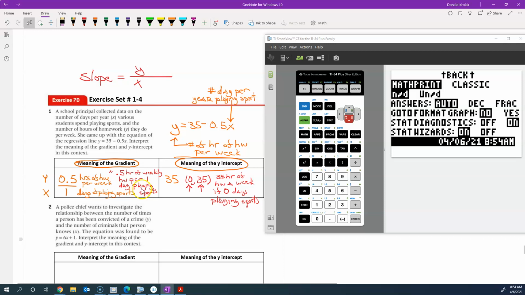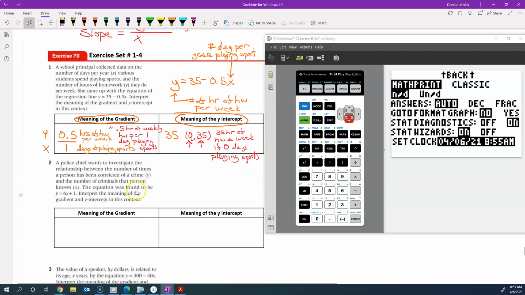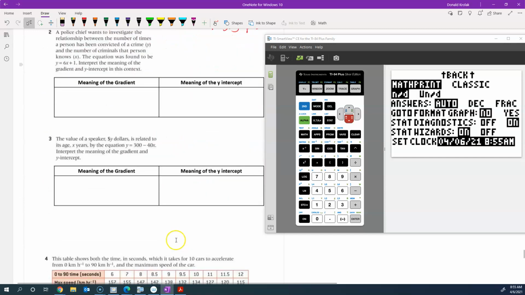And then when you're doing the y-intercept, okay, the x is 0, and this is whatever the y-intercept is. That's the y. So you can use the labels. Okay? All right, so keep that in mind when you're doing these other two here.